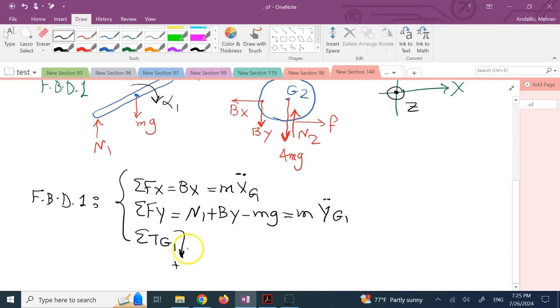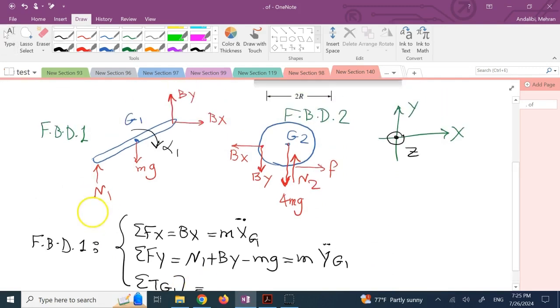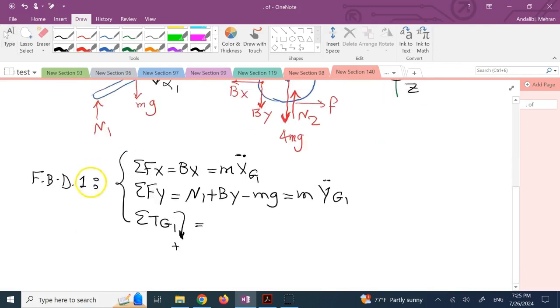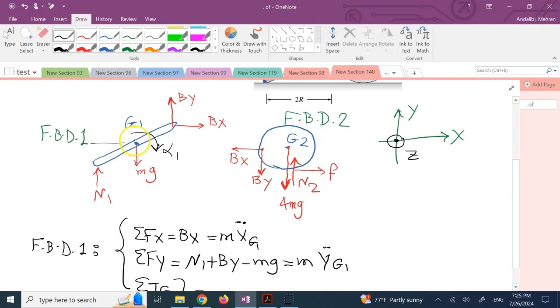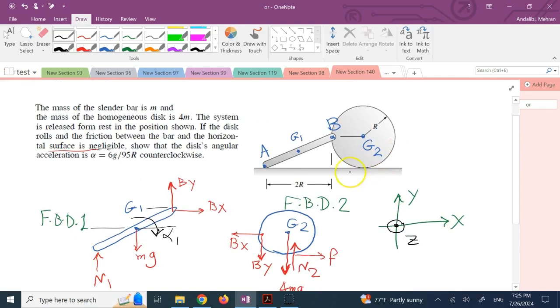So to avoid that, here I start with clockwise positive direction. And with respect to that, clearly you see that you have N1 with this distance and By with that distance, and then Bx is with this vertical one. So at the moment, the first thing is, what are these distances? If you look, this distance from here to here is r.